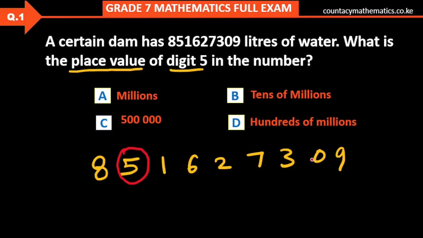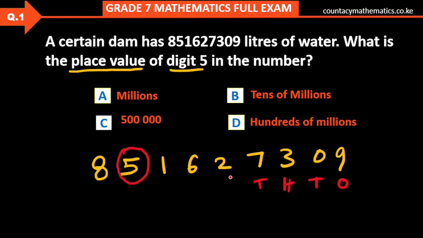So the place value of 9 is ones. The place value of the second digit is tens. The place value for digit 3, after we move from ones, tens, we move on to hundreds, and then we move on to thousands.